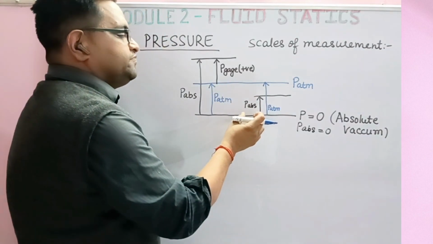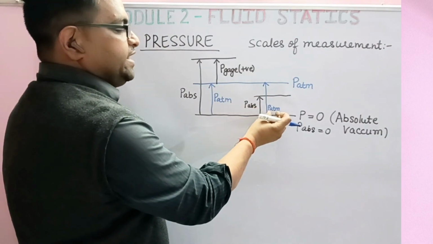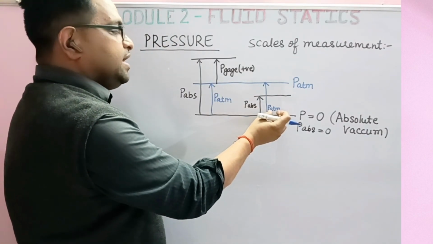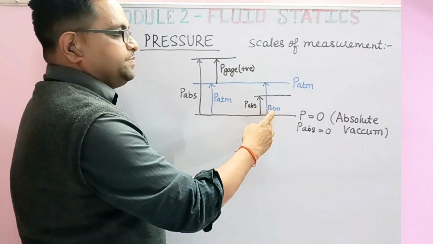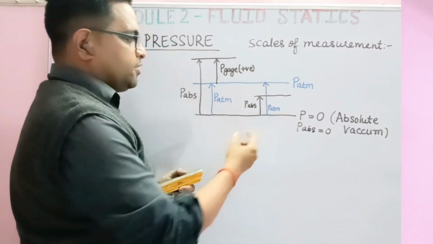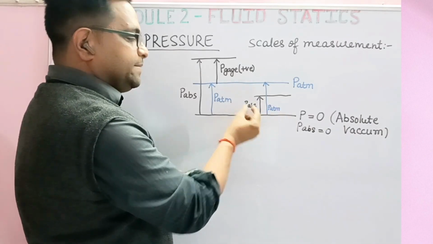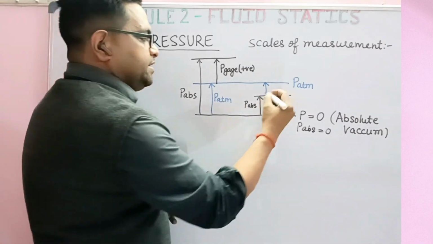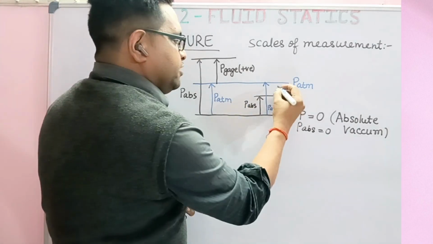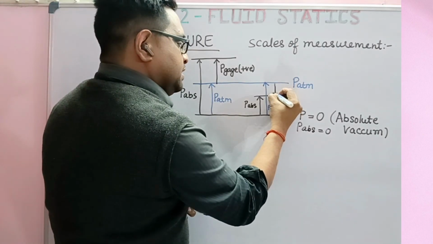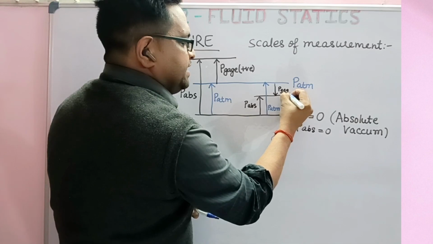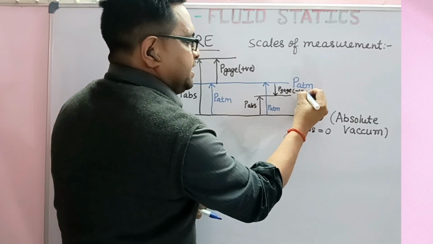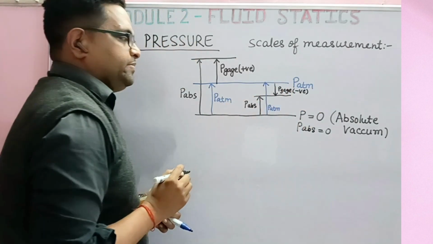P absolute minus P atmospheric is what we have already defined as the gauge pressure. In this case, P absolute minus P atmospheric will be negative because P atmospheric is greater than P absolute. So we will denote it using a downward arrow. So this becomes our P gauge, which is actually the negative gauge pressure.